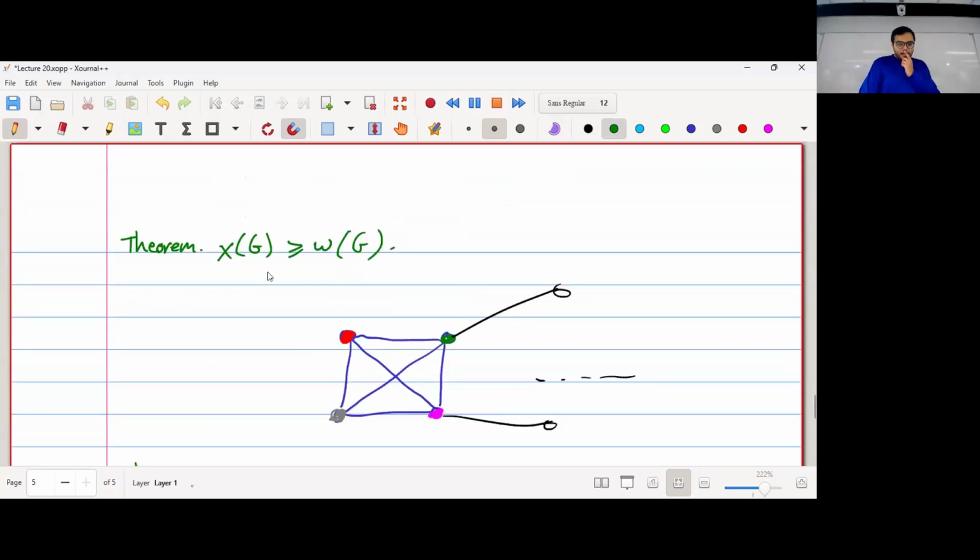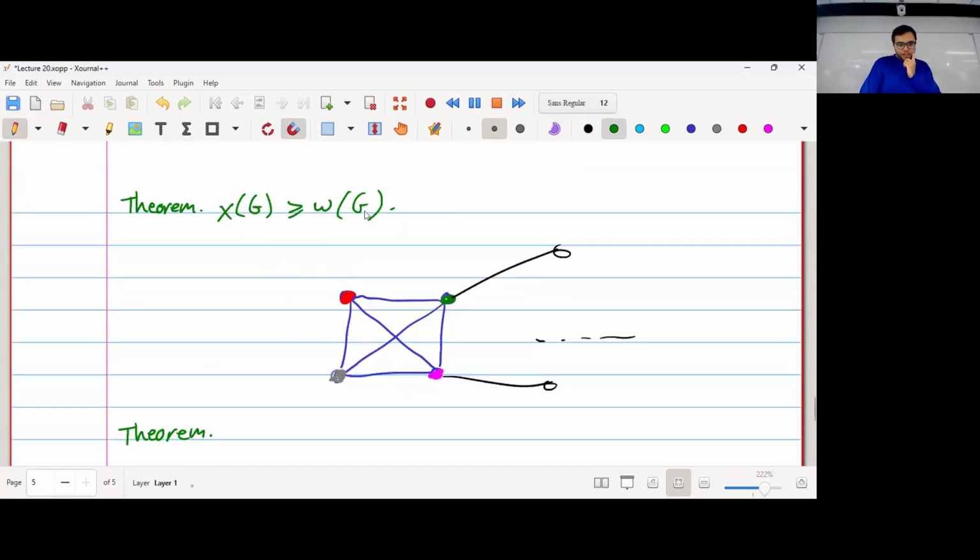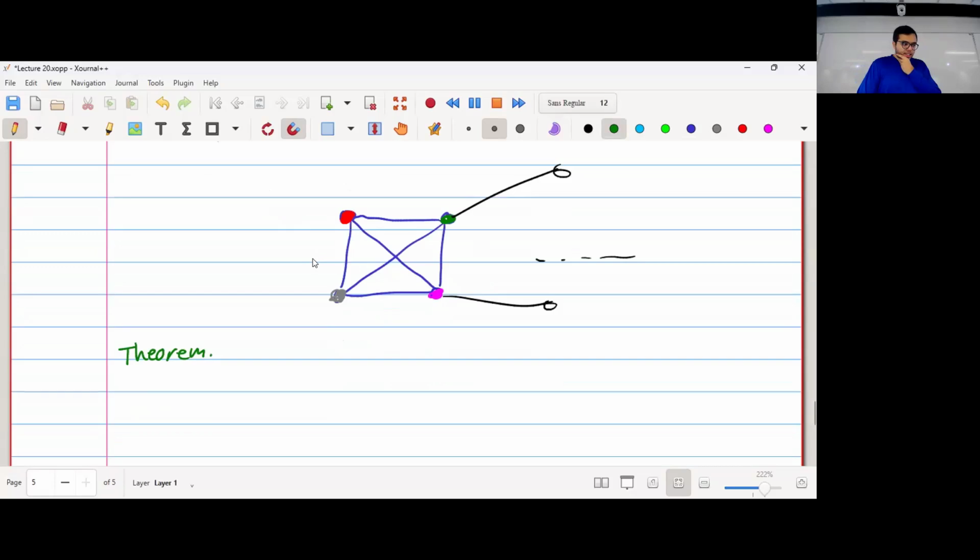So this gave me a kind of a lower bound, right? So it's saying that I need at least these many, but can I get an upper bound? So let's consider this. I want to say that the number of colors I need is less than or equal to the number of vertices divided by the size of the largest independent set.